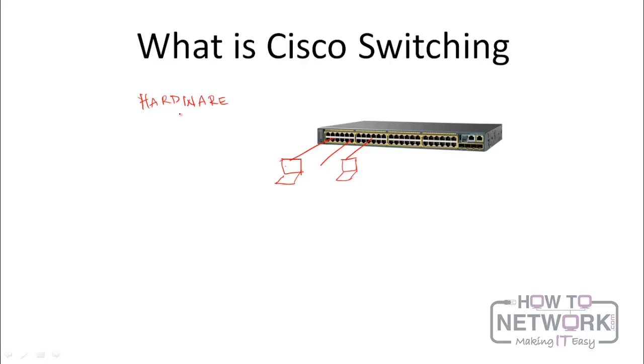So we had bridges running software that was used to decide where frames would be sent. But in Cisco switches, we have what is called ASIC, which means application-specific integrated circuit. These are hardware circuits that are used to perform the switching, and that makes them faster than using software to perform switching.